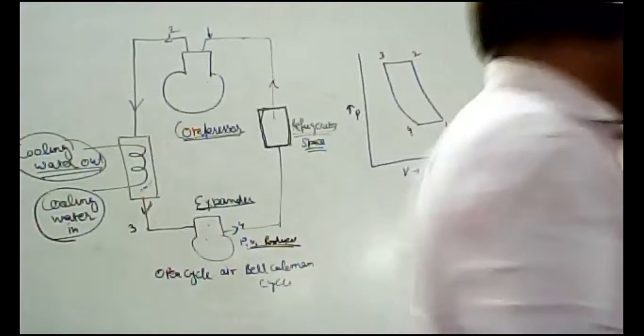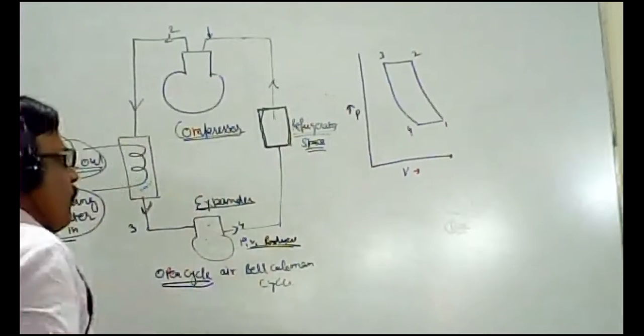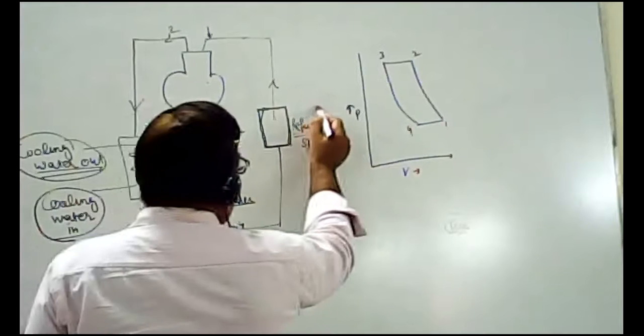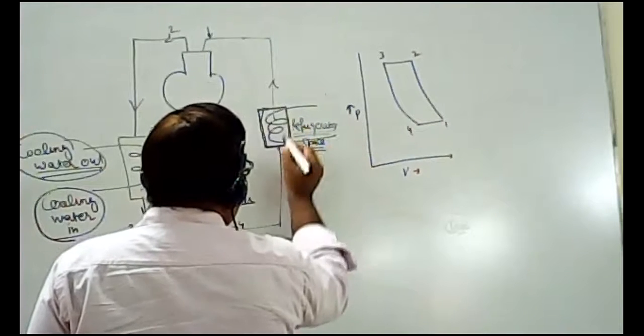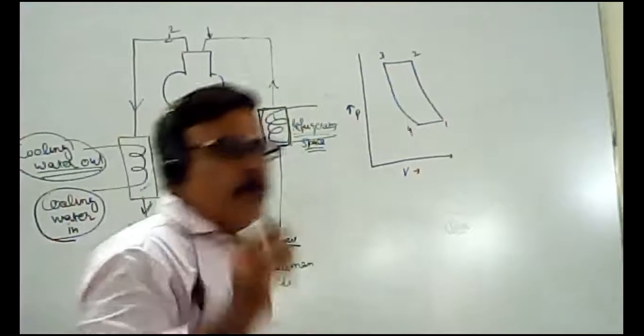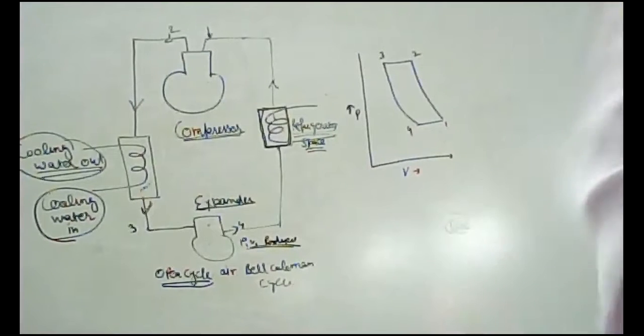This is the case of the open cycle. But in the case of the closed cycle, the air moves through the pipe, not directly fed into the room. It moves through the coil.